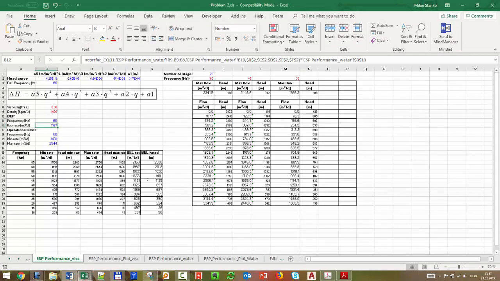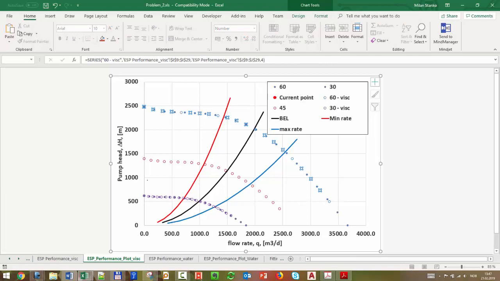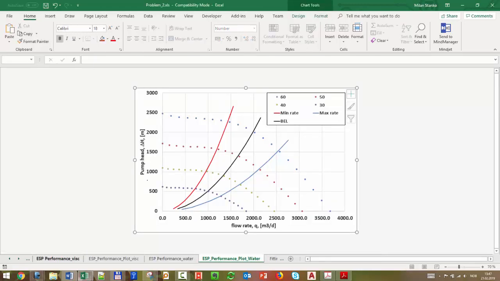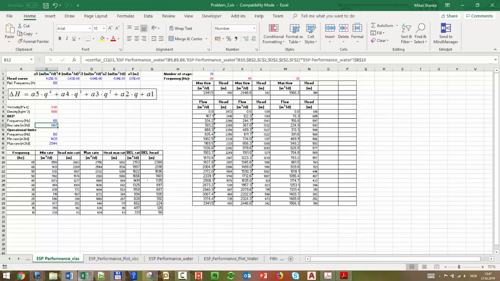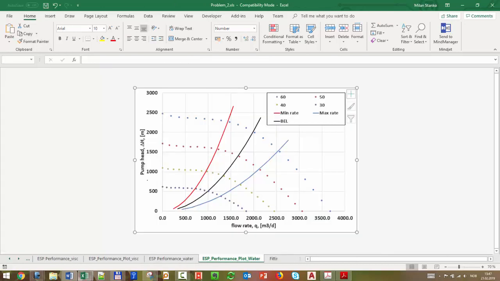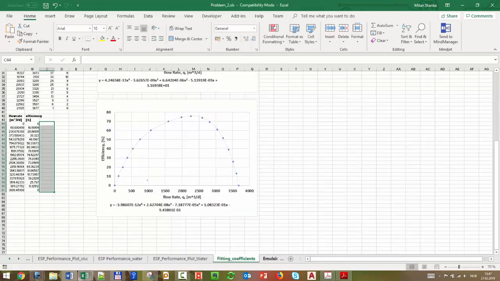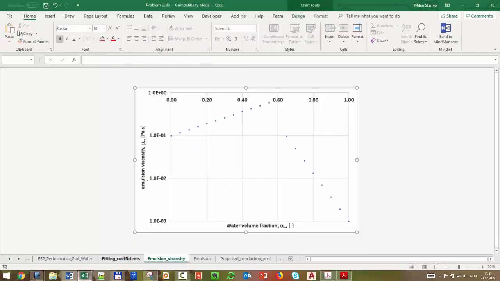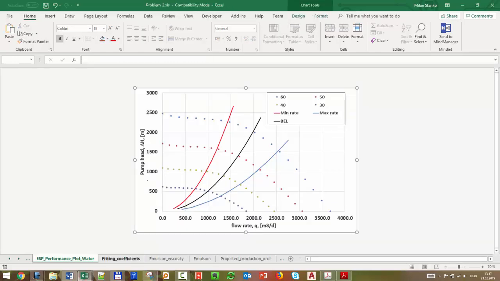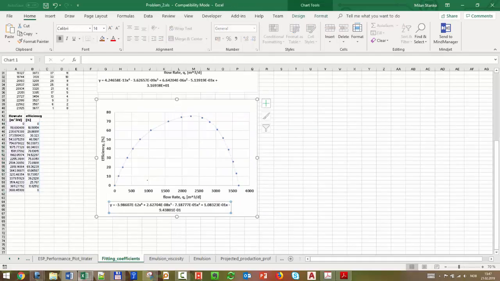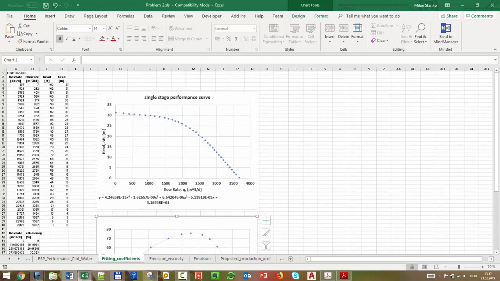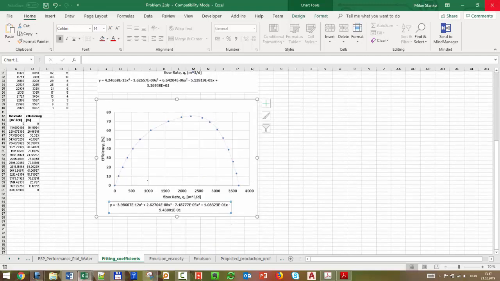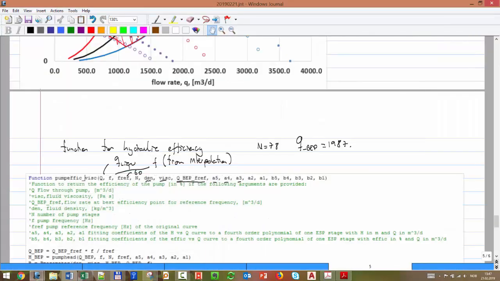You have A, and you have the coefficients for the viscosity, for the efficiency. Maybe that's an old version. That's a bit strange, I don't know why it doesn't have the power or the efficiency. But basically you have to use these exponents. Clear? Easy peasy?